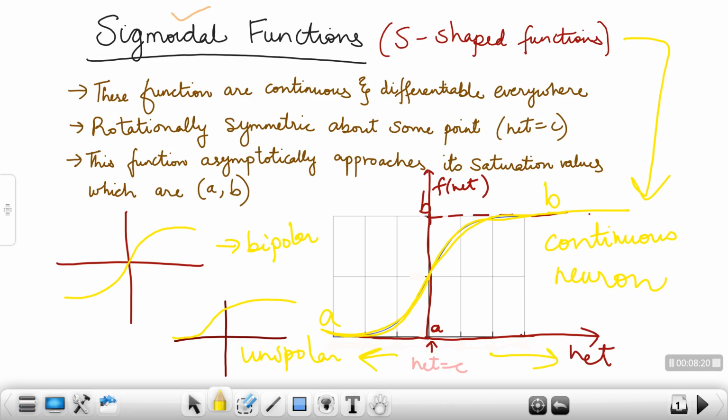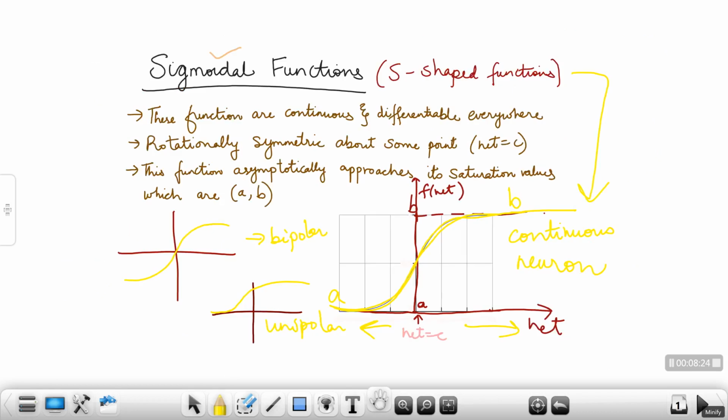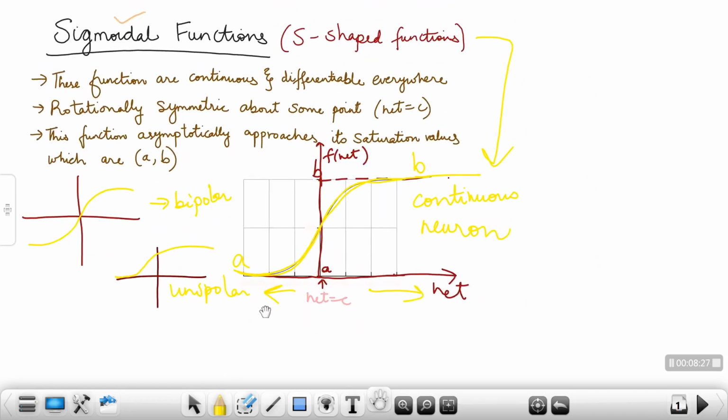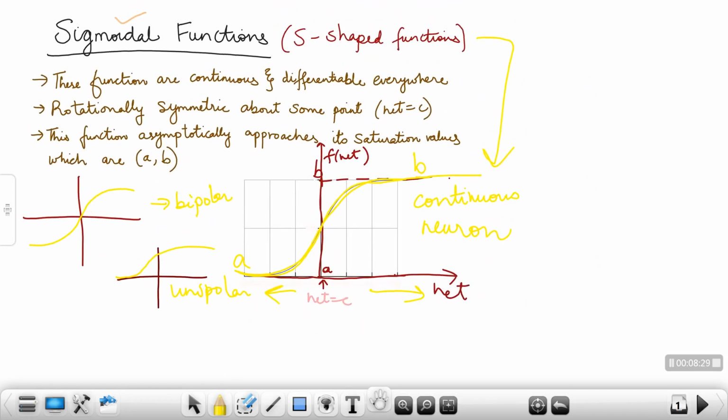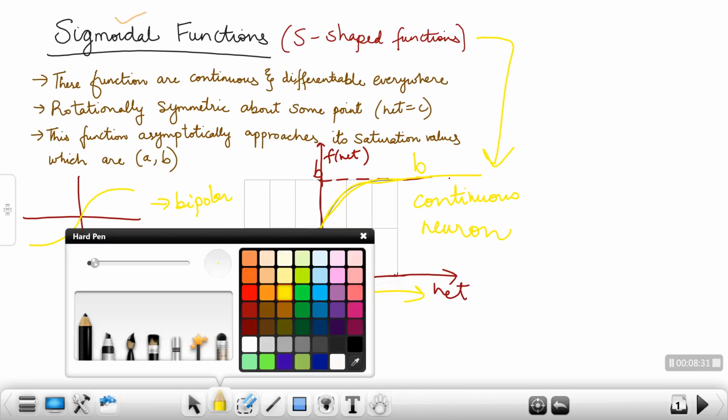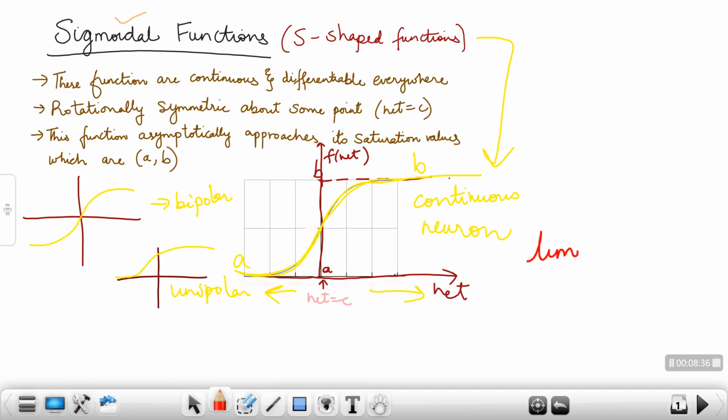Now let us see what it means to approach asymptotically. As the limit of net tends to infinity, f of net approaches b.